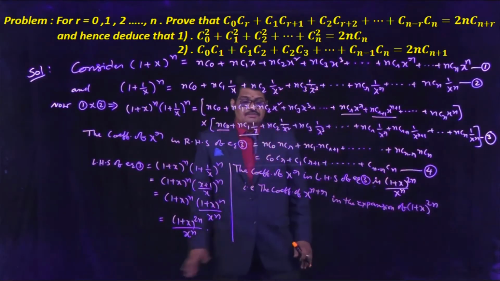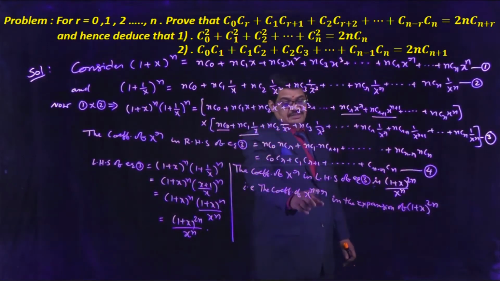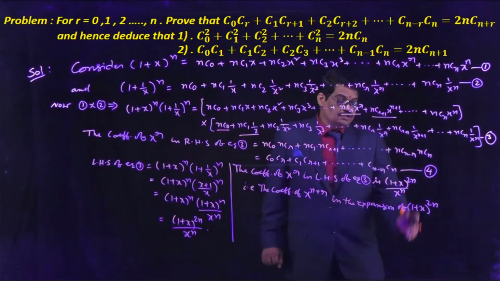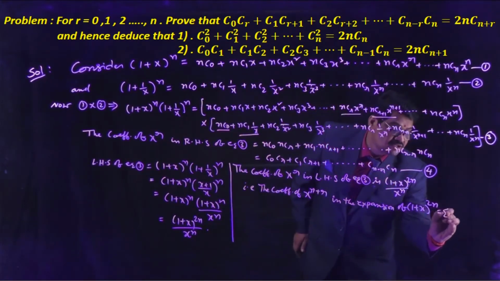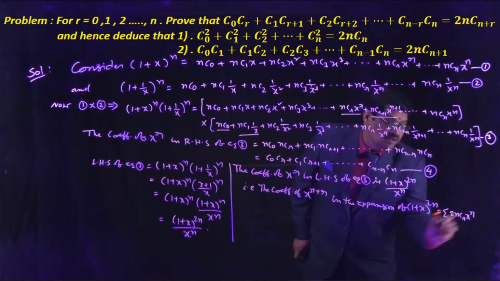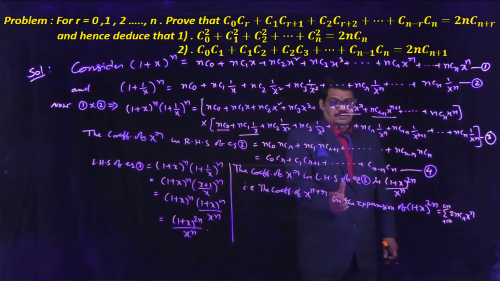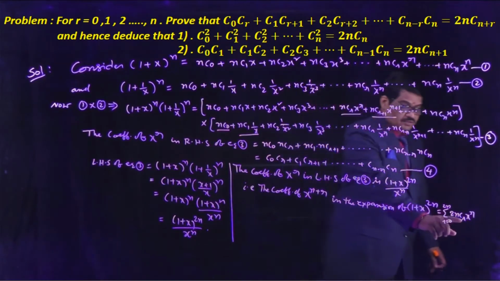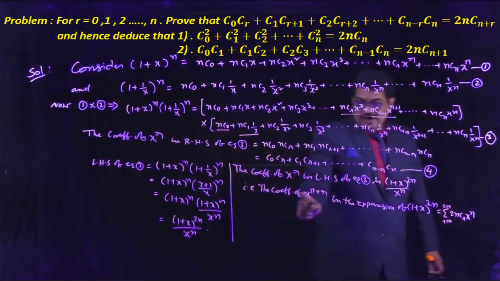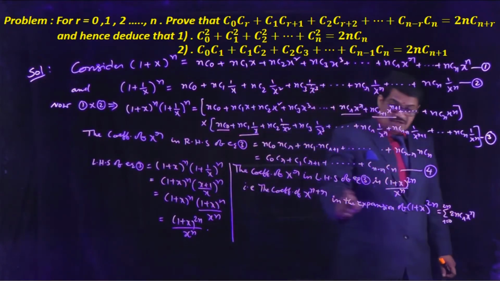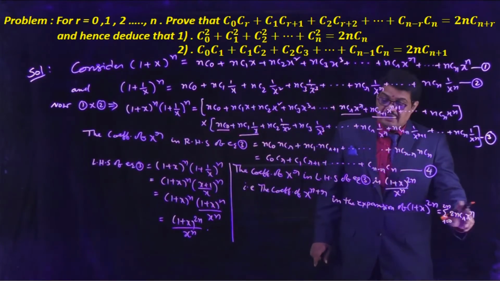This can be written in sigma notation as 2nCr x power r, where r is 0 to 2n. Here we are finding the coefficient of x power n plus r, so we take r as n plus r.